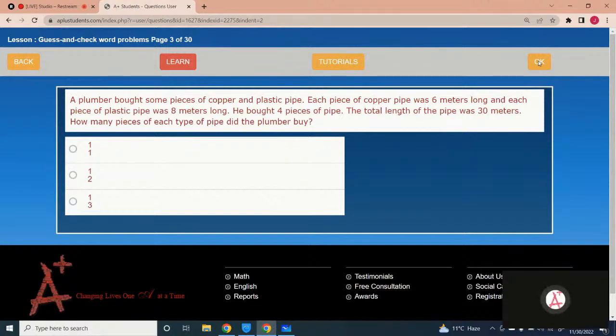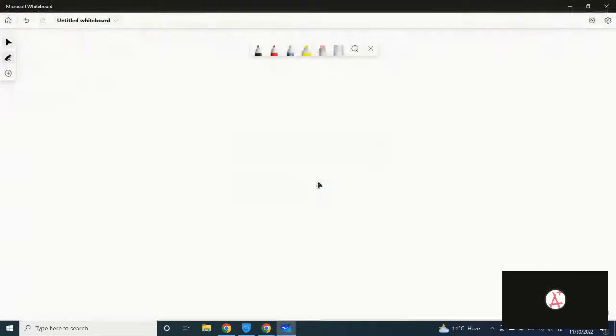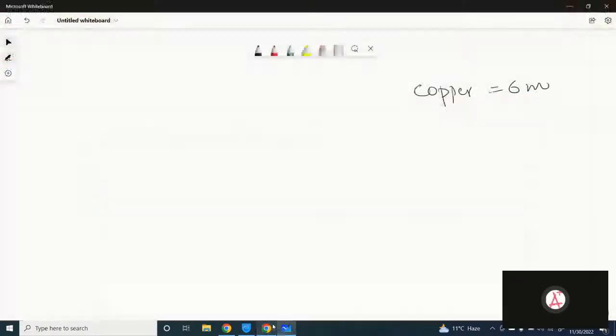Got it? So the length of the copper pipe is 6 meters, and the length of the plastic pipe is 8 meters.